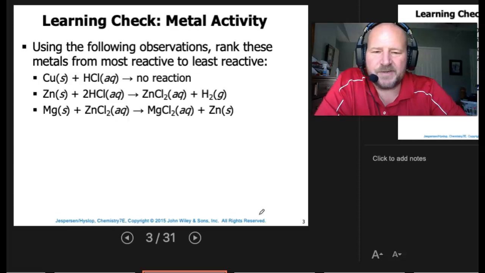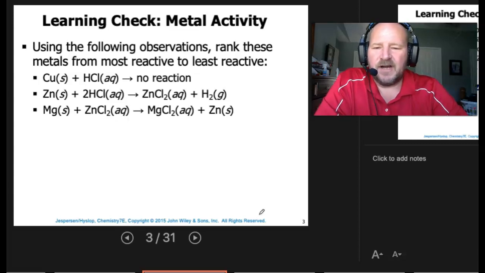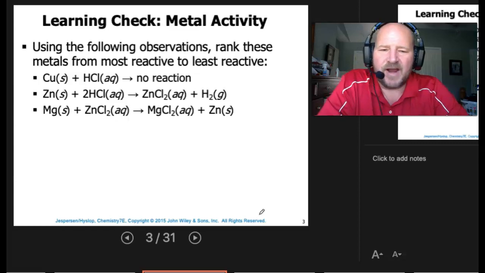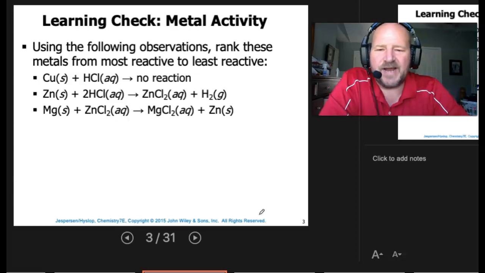In one case we get no reaction whatsoever, and in the other two cases we see hydrogen gas come off of one and zinc solid react and come off the other. Based on those observations, rank the metals from most reactive to least reactive.